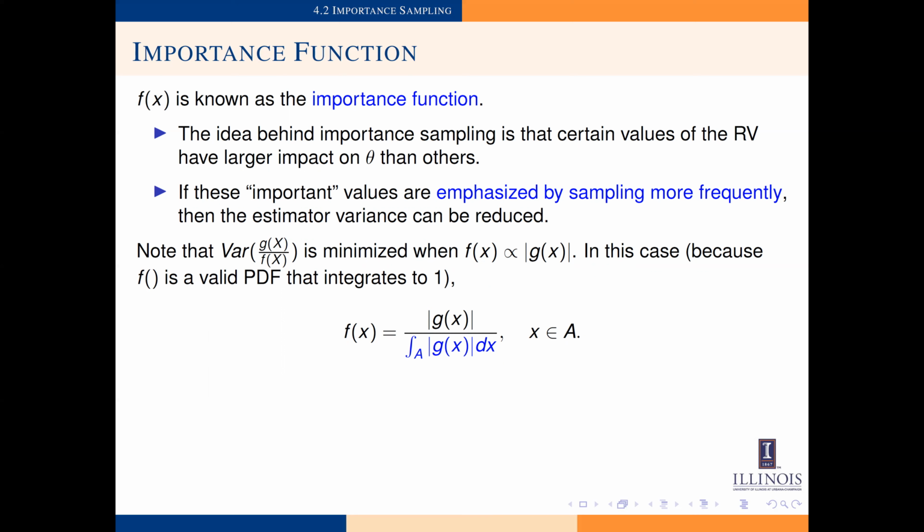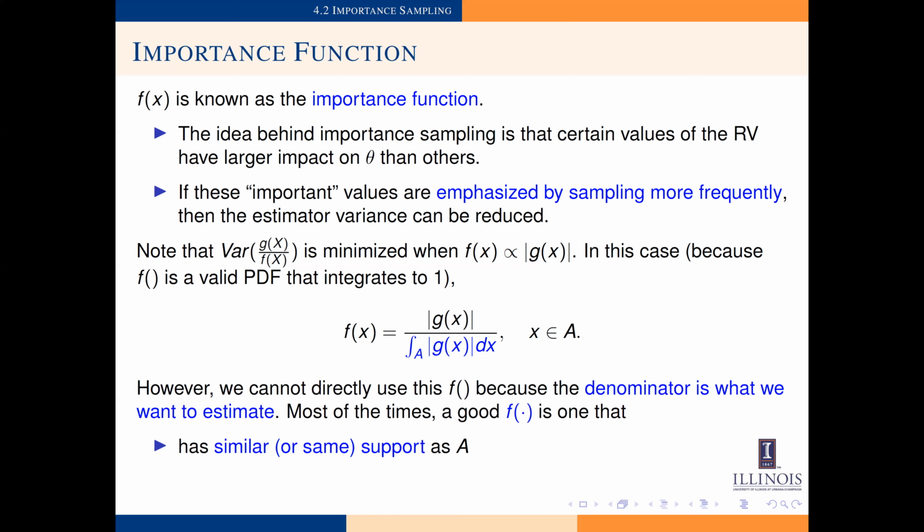So when f of x is proportional to the absolute value of g of x, because the probability density has to integrate to 1, we know that f of x will be equal to the absolute value of g of x divided by the integral of the absolute value of g of x over the support of x.